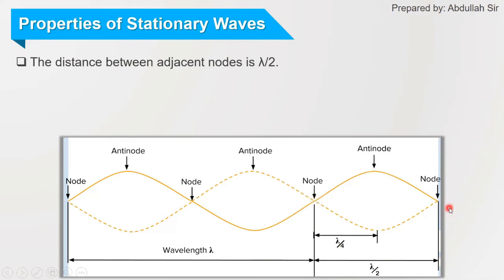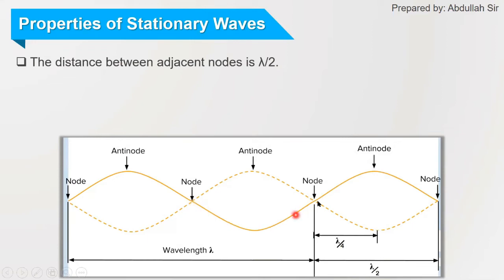So these first two nodes are called two successive nodes, and the distance between them is lambda by 2, because one crest, look at this solid line, one crest and one trough equals lambda.